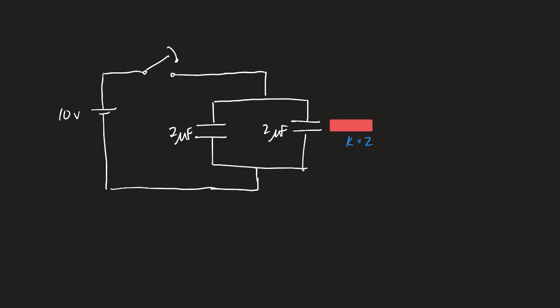So we close the switch, find out the energy of the system in the current state. We're going to insert the capacitor, find out the energy in the next state.